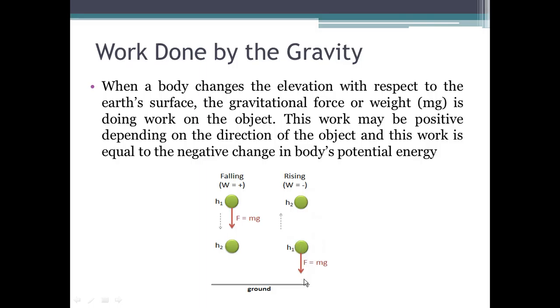Therefore, the work done is negative, simply because force and distance are in opposite directions. While in the object that is falling, the work is positive simply because the force, which is downward, is in the same direction as the distance traveled by the object. So in conclusion, when the work done is positive in gravity, this is associated with a decrease in potential energy, and when the work done is negative, this is associated with a gain in potential energy.